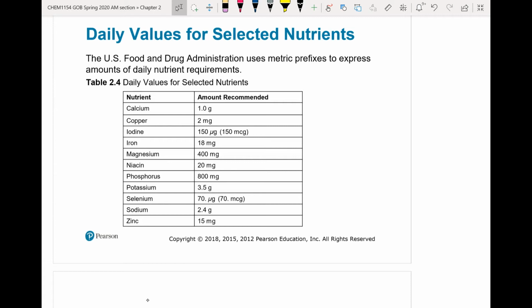All right. So for instance, it's telling you here that your daily value for iodine is 150 micrograms, right? Which is a small amount of iodine. Your daily intake of potassium, about 3.5 grams, so significantly more potassium than iodine.